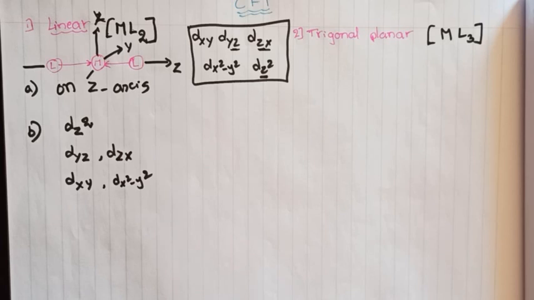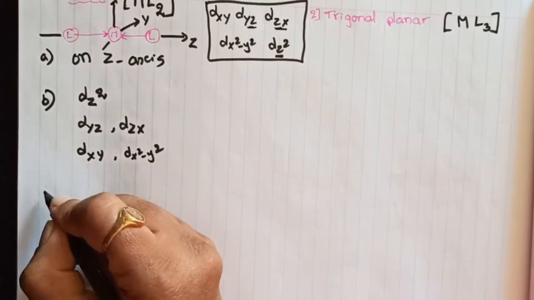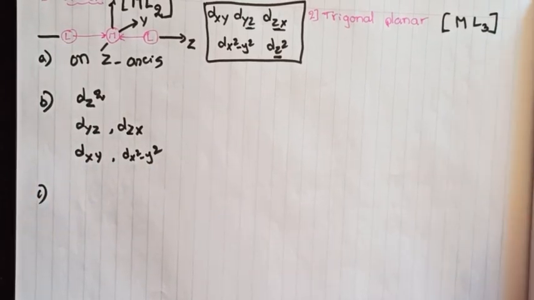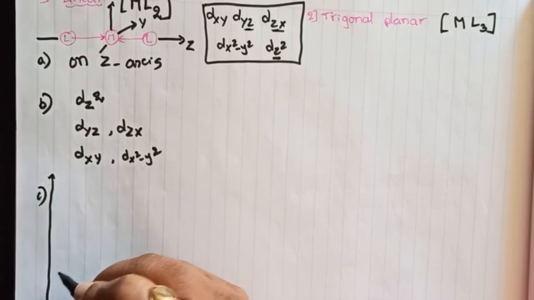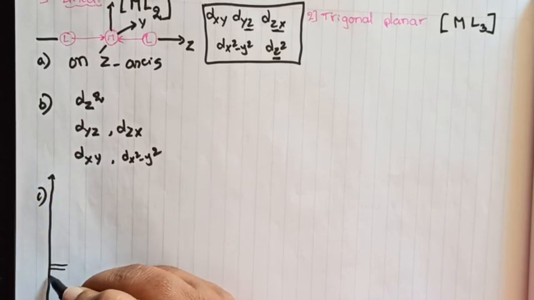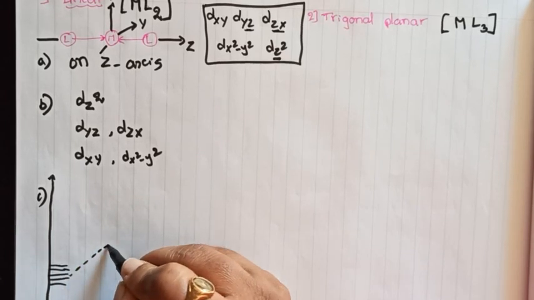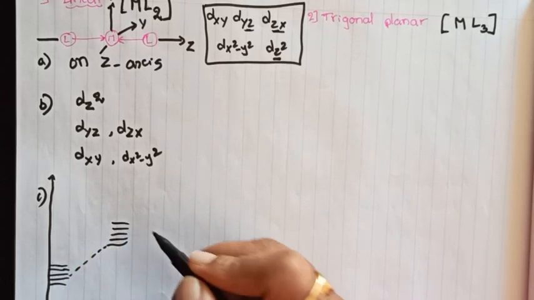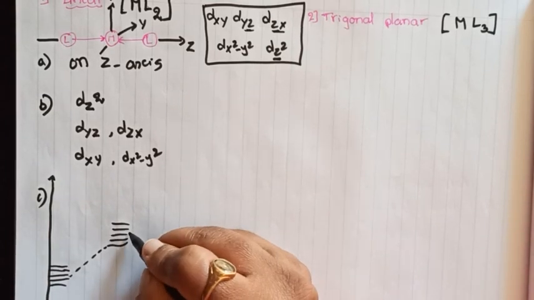Now let's see how they undergo crystal field splitting. Take the energy axis and the 5 degenerate d orbitals of the metal in the presence of a spherical field.